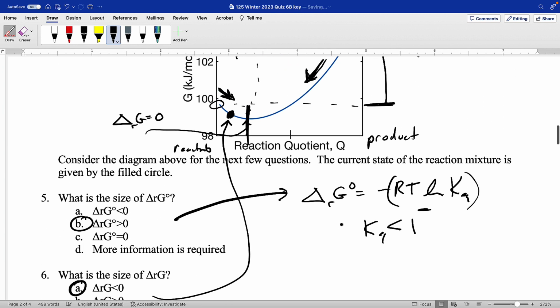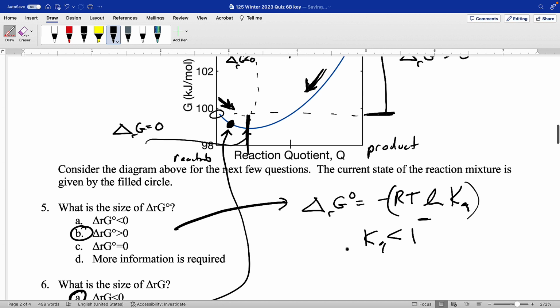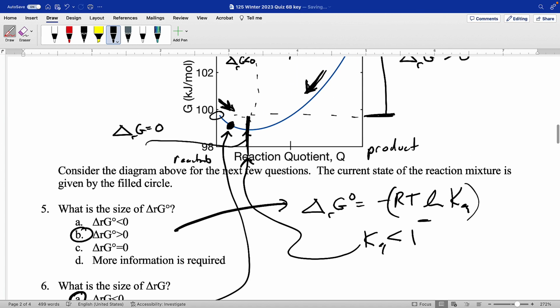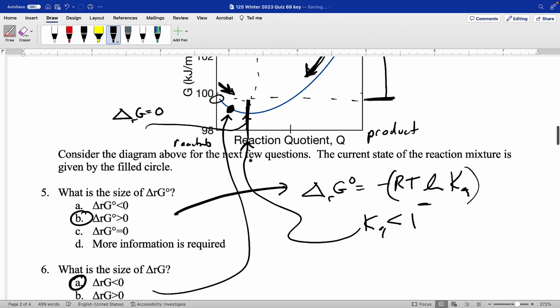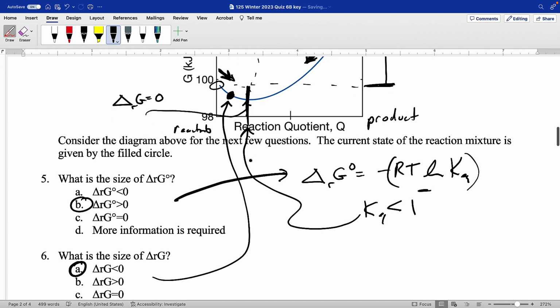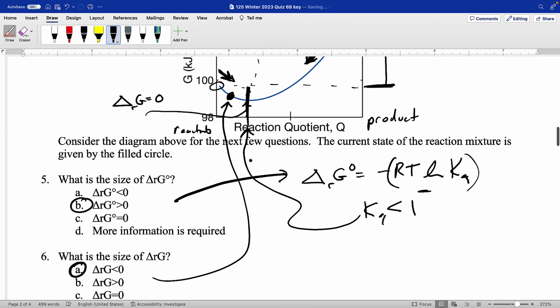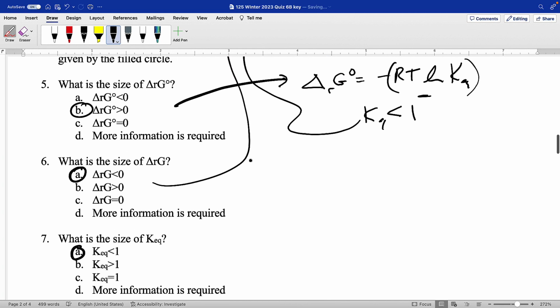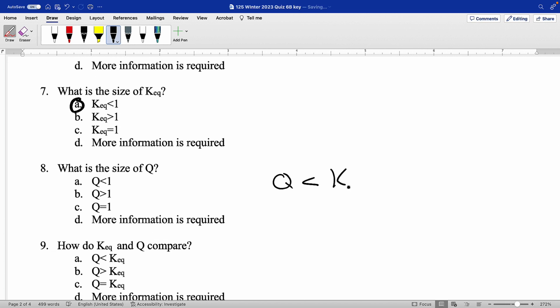We can see that K, I'll just draw a little arrow here, K is that the value of the x-axis at that minimum, right? It's what your ratio of products to reactants will be at equilibrium. And we can see that Q is clearly less than that. Q is that filled dot representing the current state of the system, not the equilibrium state. So Q is less than K.